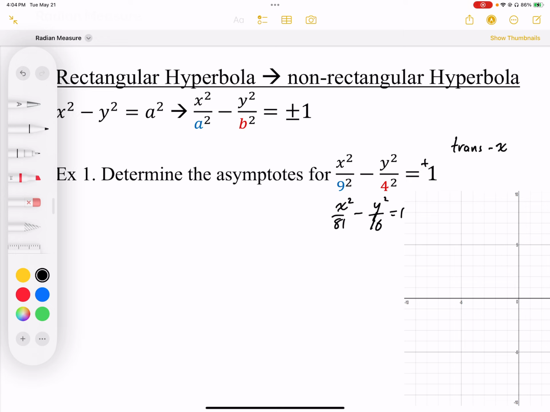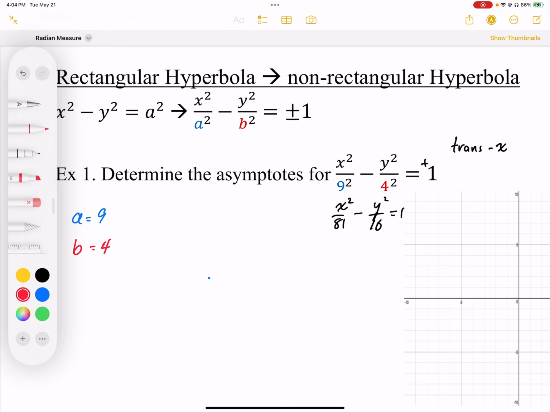Okay, and these values, the a squared and b squared, well, a squared is 81, which makes the a value equal to 9. B squared is equal to 16, which makes the b value equal to 4.